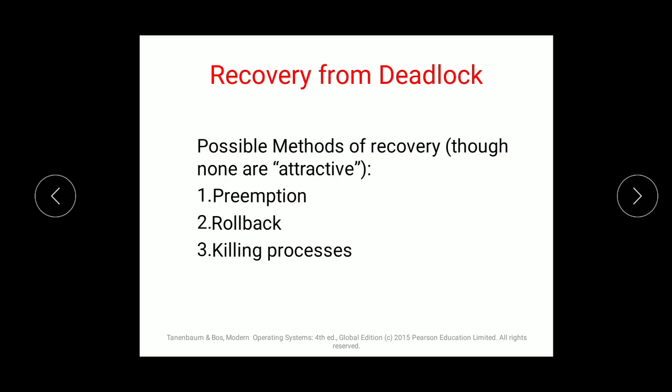Kill one process at a time. In this second method, one process is killed at a time and the detection algorithm is invoked to check whether deadlock still exists or not.